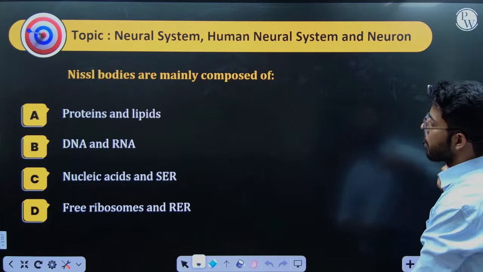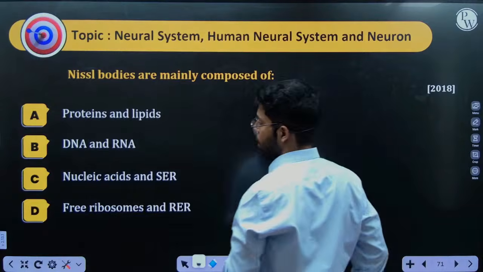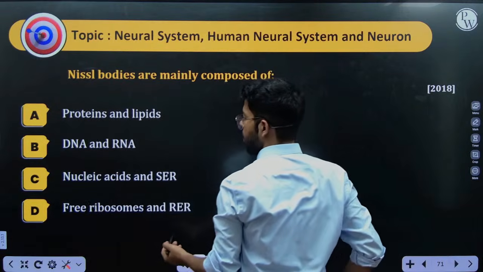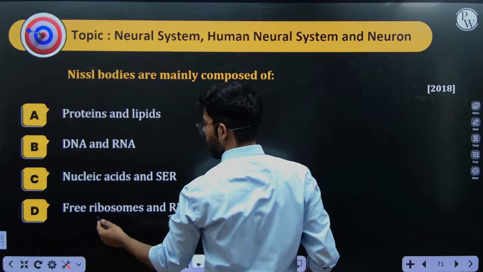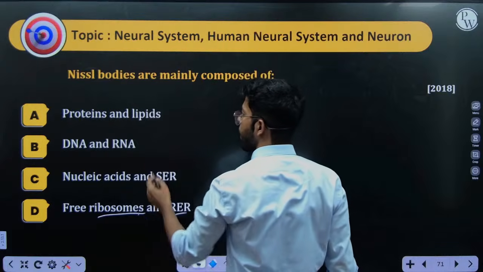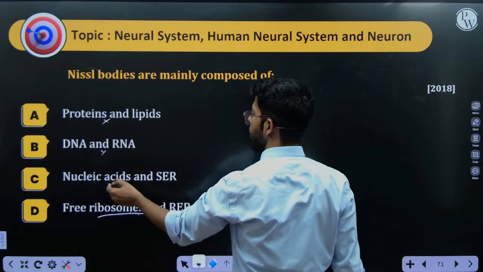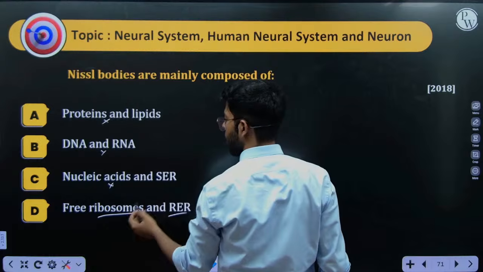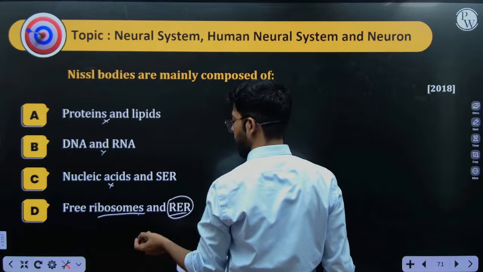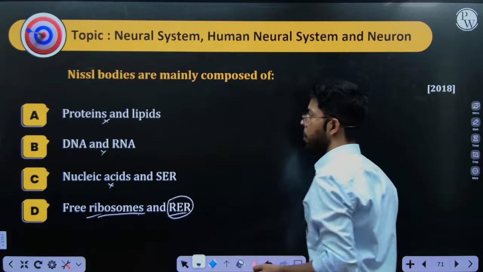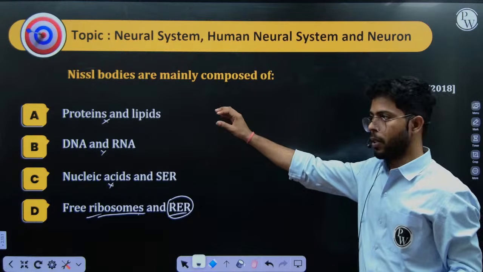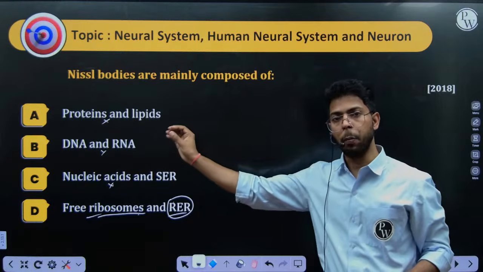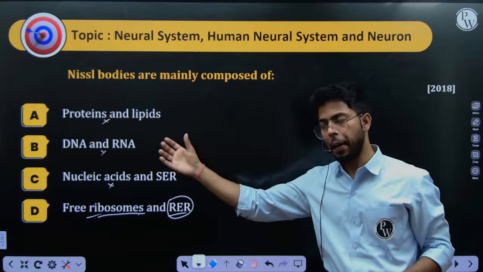Nissl bodies are mainly composed of what? These are actually the ribosomes and the RER, not protein, not lipid, not DNA, not nucleic acid. So rough endoplasmic reticulum along with ribosomes are the Nissl's bodies, which are present inside the cytoplasm of the cell body and the dendrites.